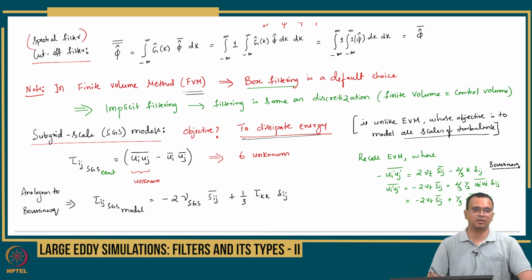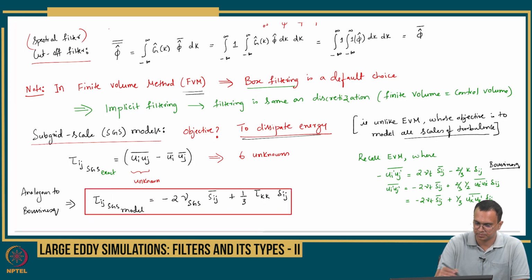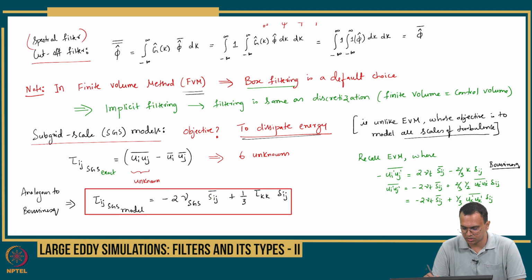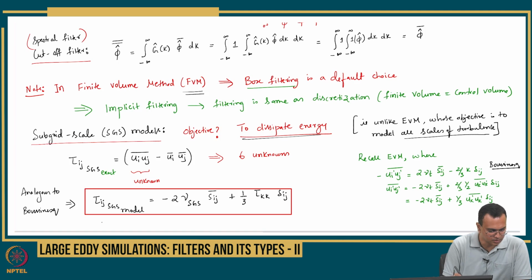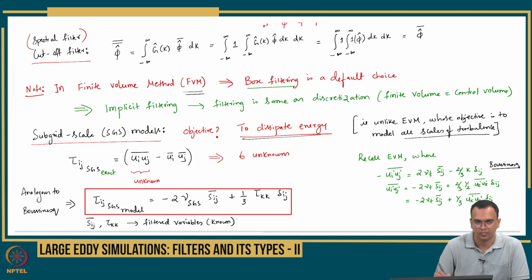This is your closure for the tau ij SGS: minus 2 nu SGS Sij bar plus 1/3 tau kk delta ij. So here Sij bar and tau kk both are filtered variables, known to you.